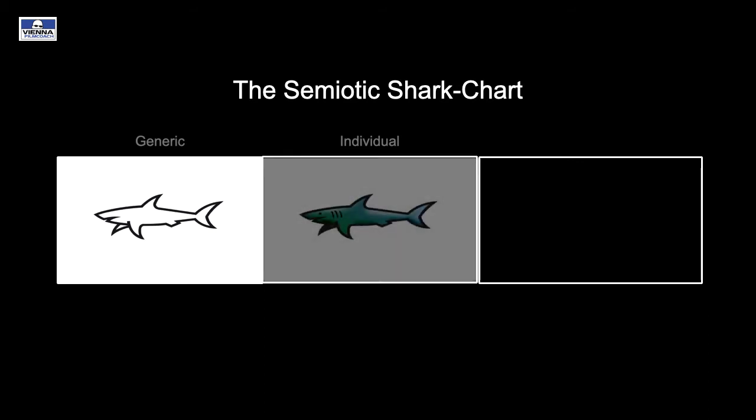Then there is our task of making the shark come to life by adding individual features. This will give authenticity to the thing we depict. Not only shall we add individual colors to our shark, we have to think about a recognizable feature that will unmistakably individualize our friend Bruce.